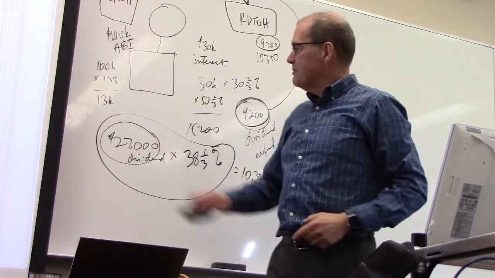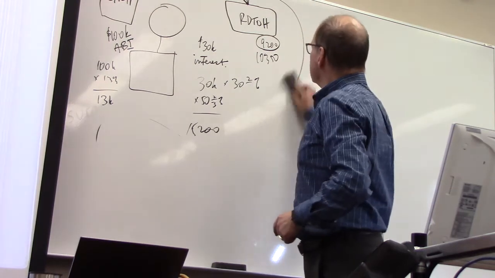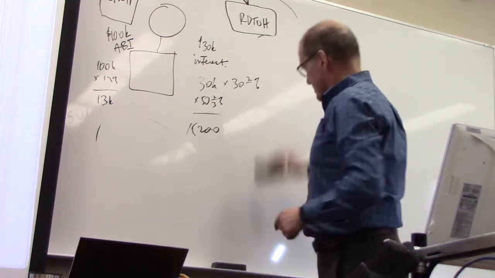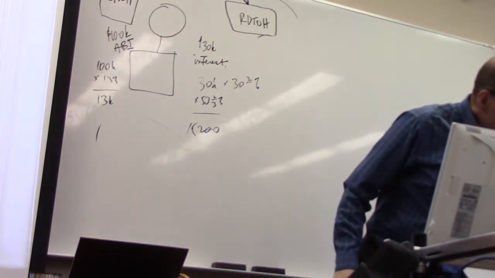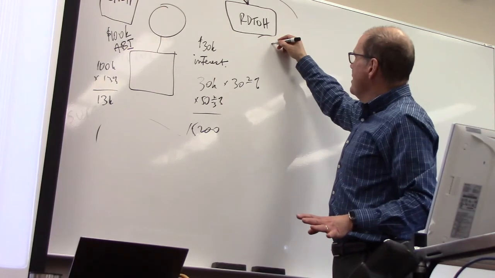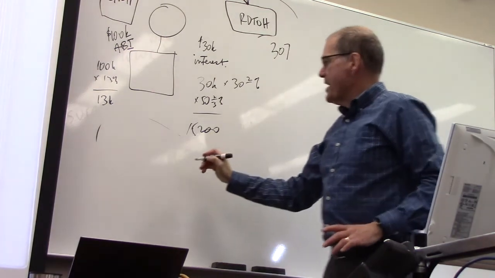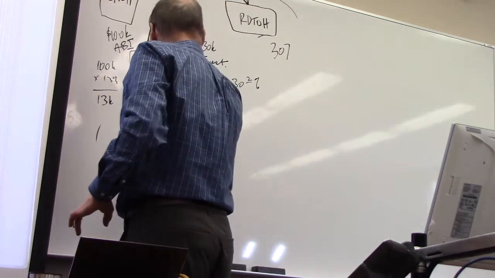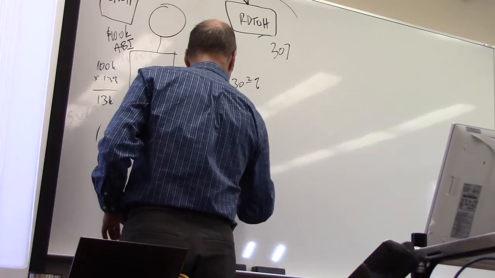Lesser of, lesser of? Right now, inside the RDTOH, we have 30 2/3% of $1,000, and we're paying a dividend of 800. So we take 800 times 38 1/3%.